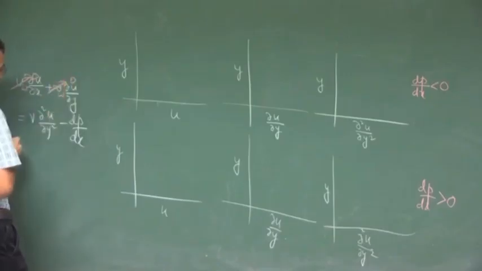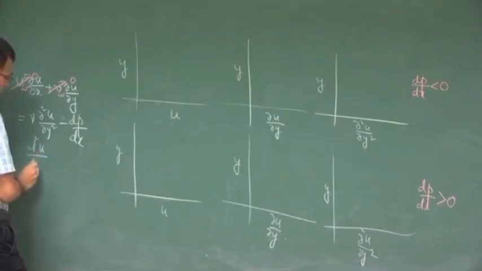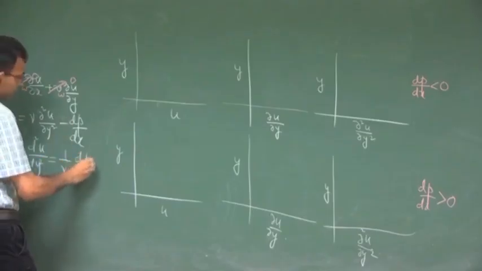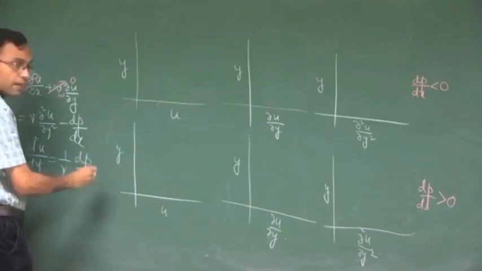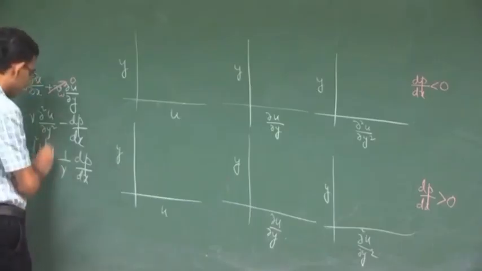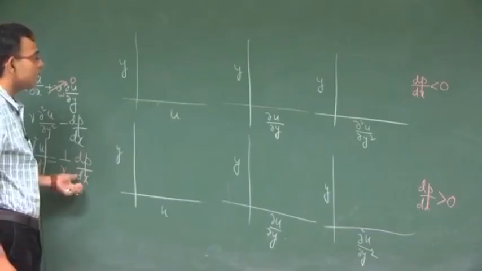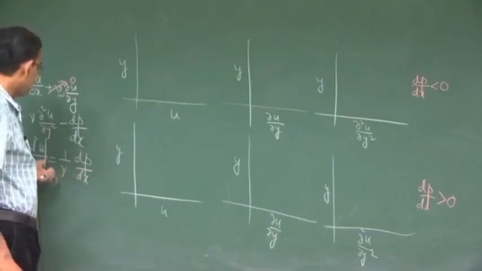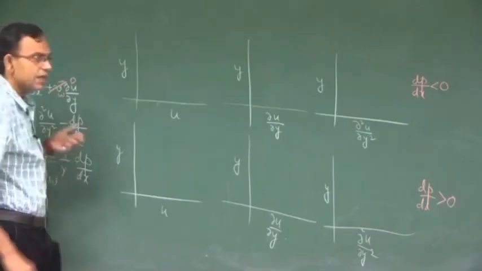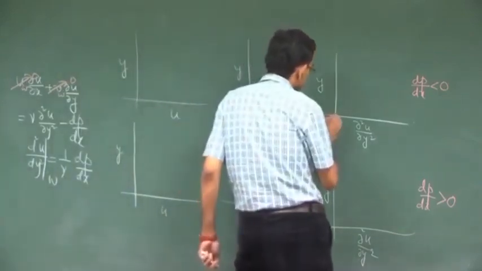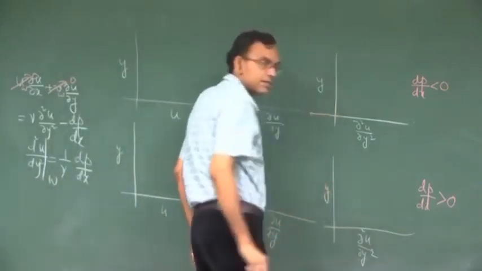So, at the wall d2u dy2 is equal to 1 by nu dp dx, right. So, if dp dx is negative, which is favorable, then d2u dy2 is negative at the wall. So, something like this.